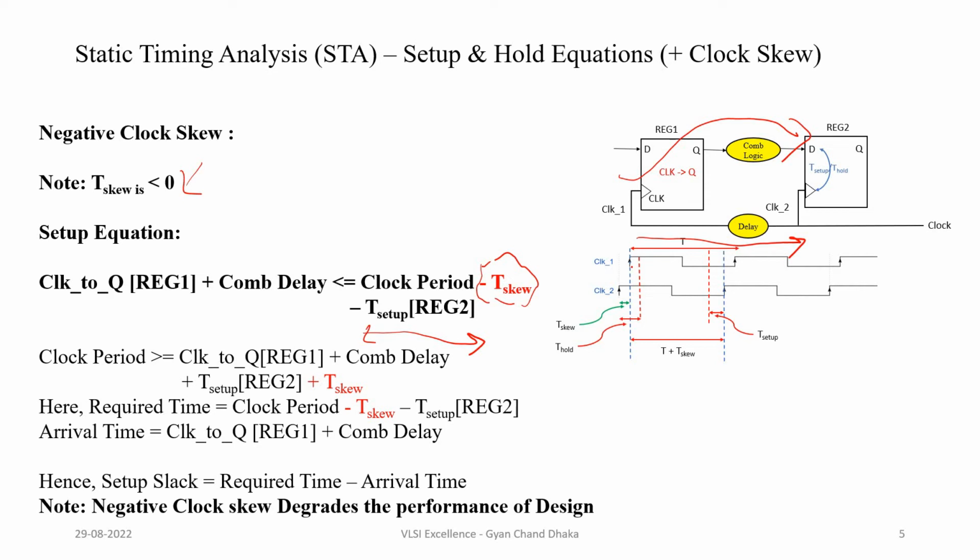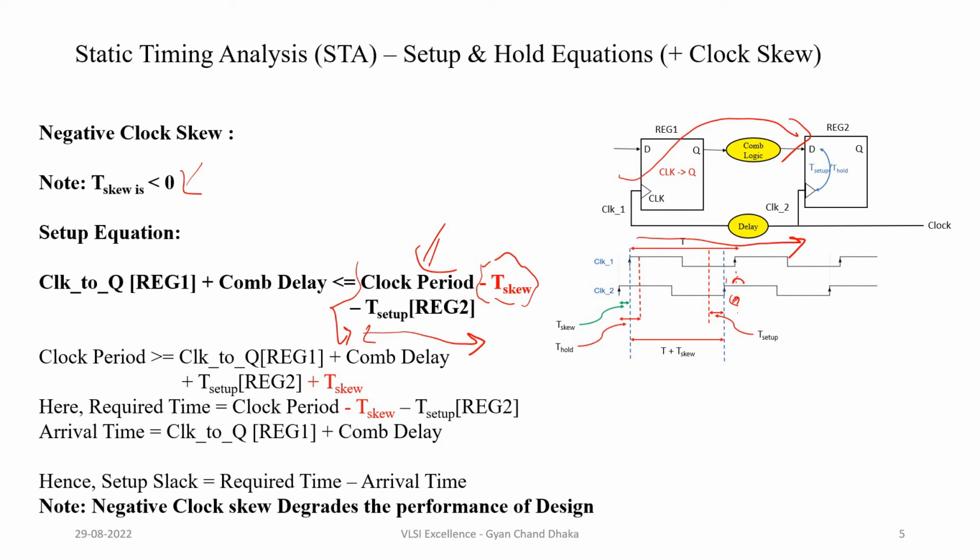So the data is launched at this clock edge, and ideally captured at this clock edge minus setup time. That was the term corresponding to this. Correct? Now because of the negative skew, the capture rising edge has shifted to the left by T skew time.